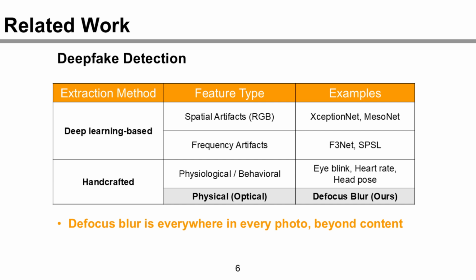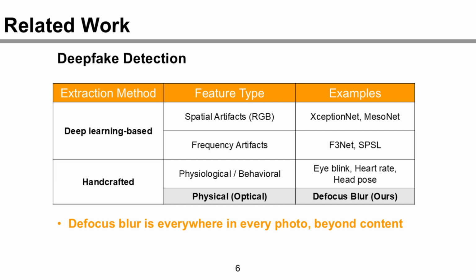Existing detection methods, which learn fake artifacts or content-dependent signals, have limitations. As AI models advance, artifacts become less obvious and models overfit to spurious correlations. Our approach is different.